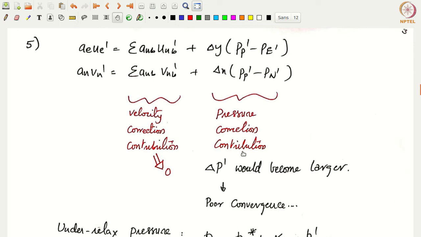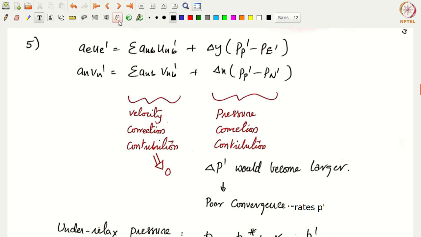As a result, the delta P prime values that you would get would be quite large. Having larger values for this P prime, P_E prime, would lead to poor convergence rates. As a result, the pressure correction equation will not converge very quickly.